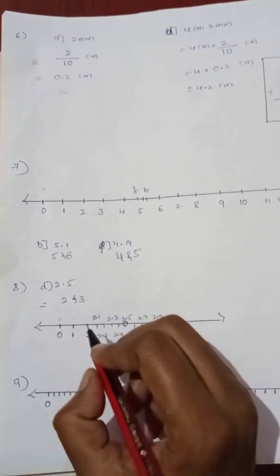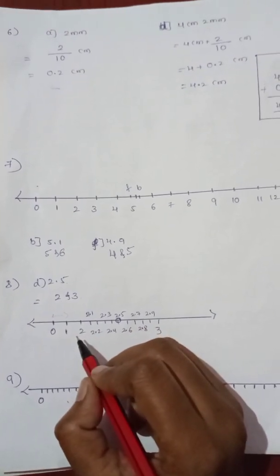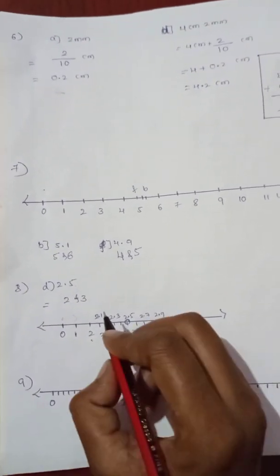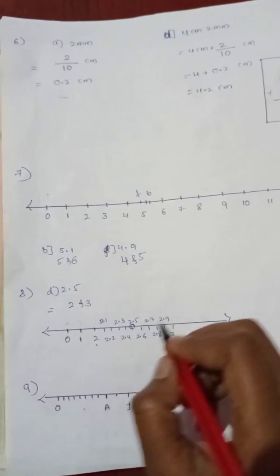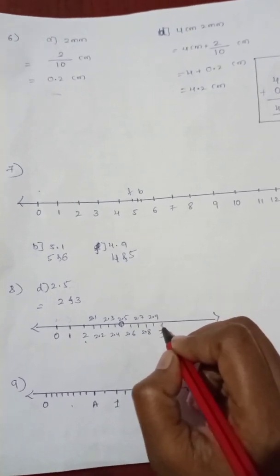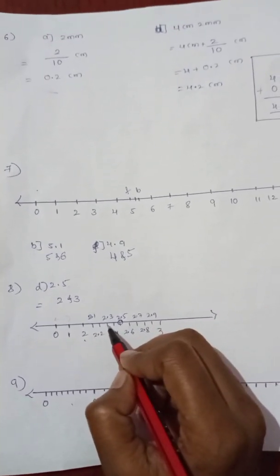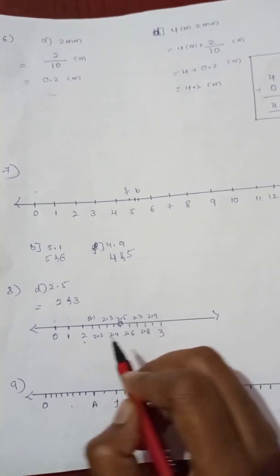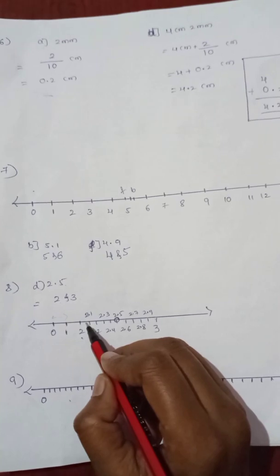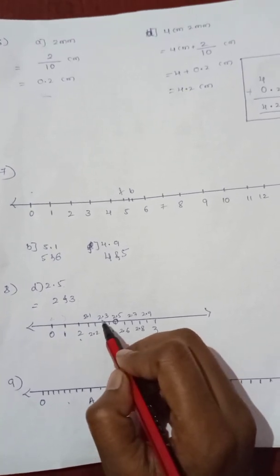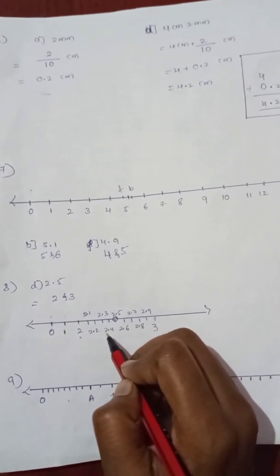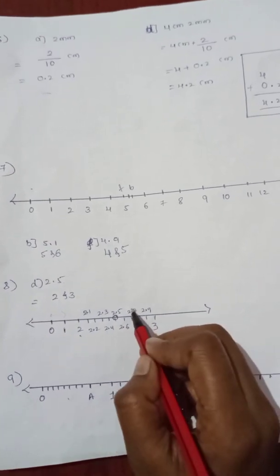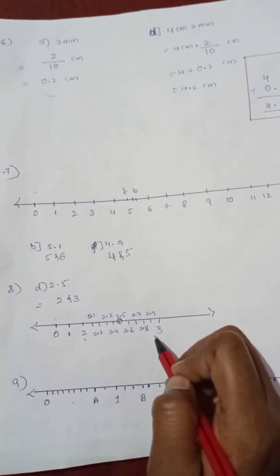So in between 2 and 3, how many lines should I draw? 9. Including 3, it will be 10. 1, 2, 3, 4, 5, 6, 7, 8, 9, 10. So after 2: 2.1, 2.2, 2.3, 2.4, 2.5, 2.6, 2.7, 2.8, 2.9, 3.